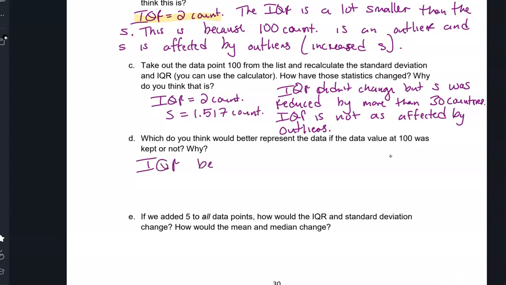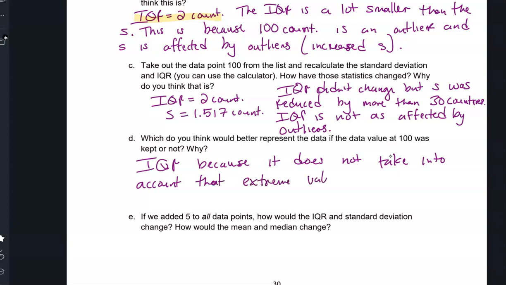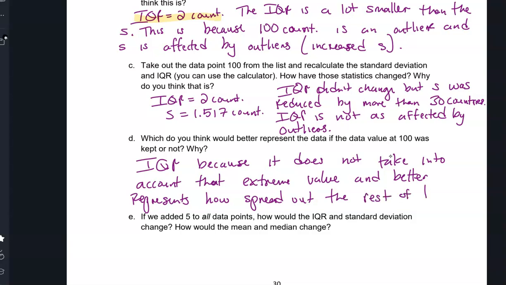IQR, because it does not take into account that extreme value and better represents how spread out the rest of the data is, which is what we want.